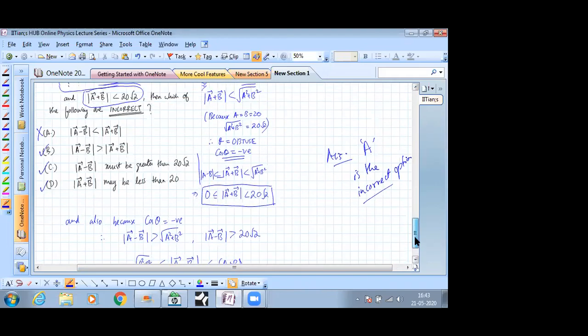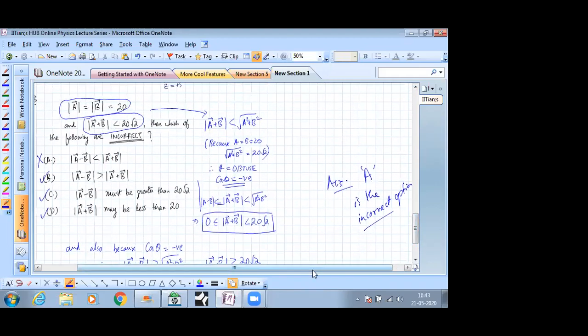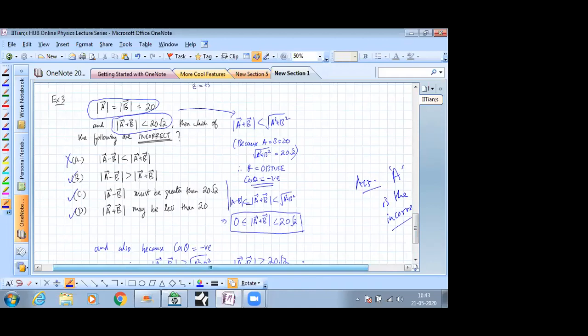Okay, so I'll just take you through the whole thing once more. These are the slightly advanced type of questions in vectors which you have to be extra careful about. This JEE type of question related to vectors, this kind of logical thinking, this kind of ruling out of options using inequalities, is the level of analytical thinking you are expected to do in JEE type of questions.